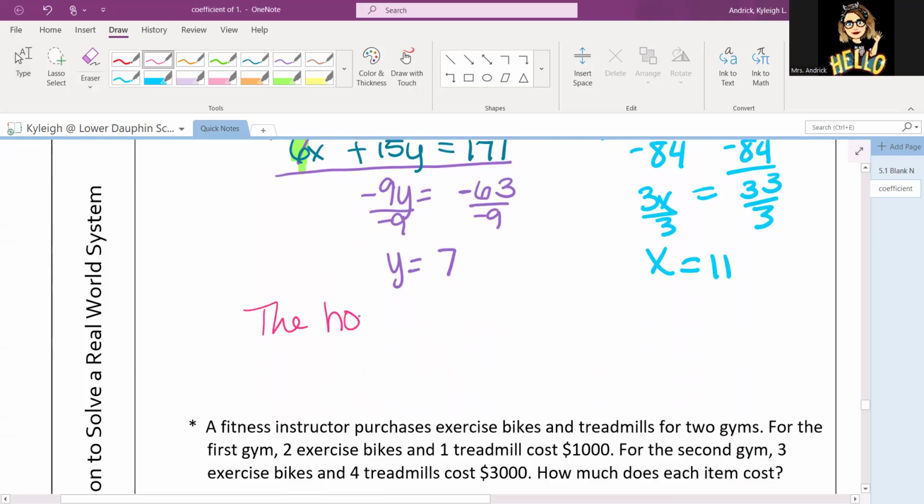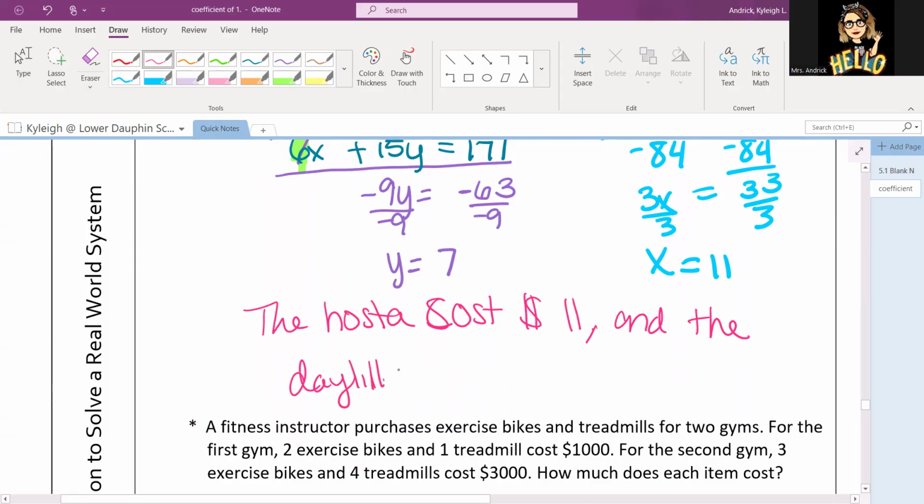The hosta cost $11. And the daylilies cost $7.